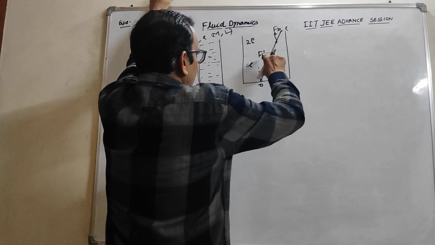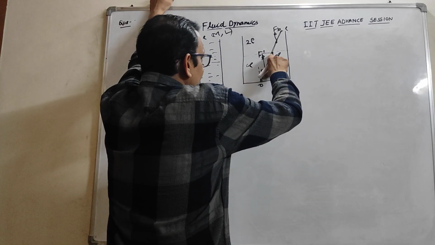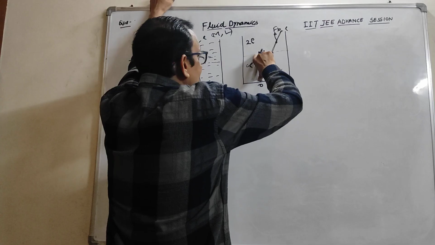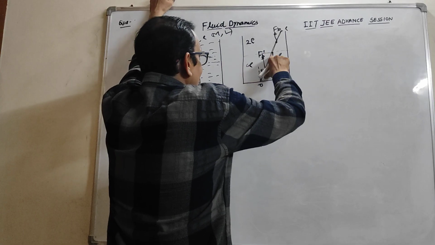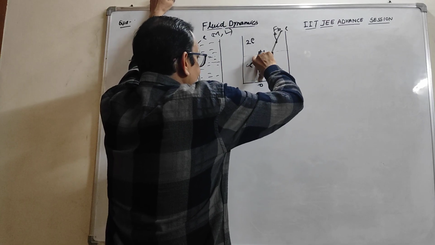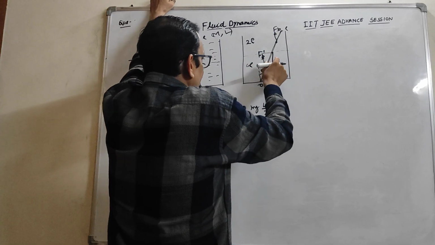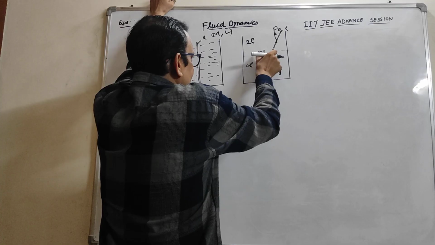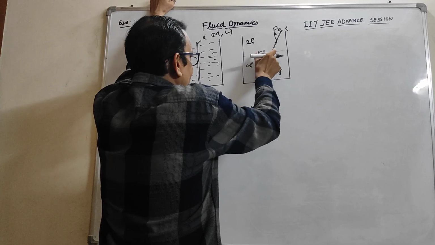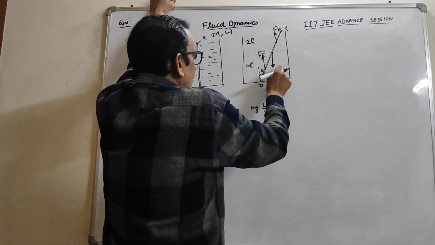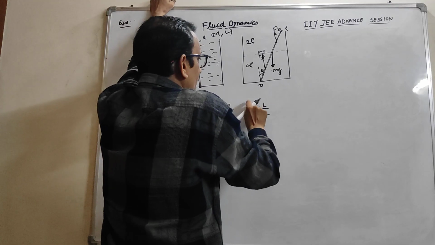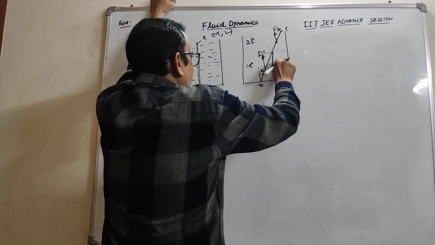But L by 2 is this distance, and we need the perpendicular component, r cross F. R would be the perpendicular distance from the force.